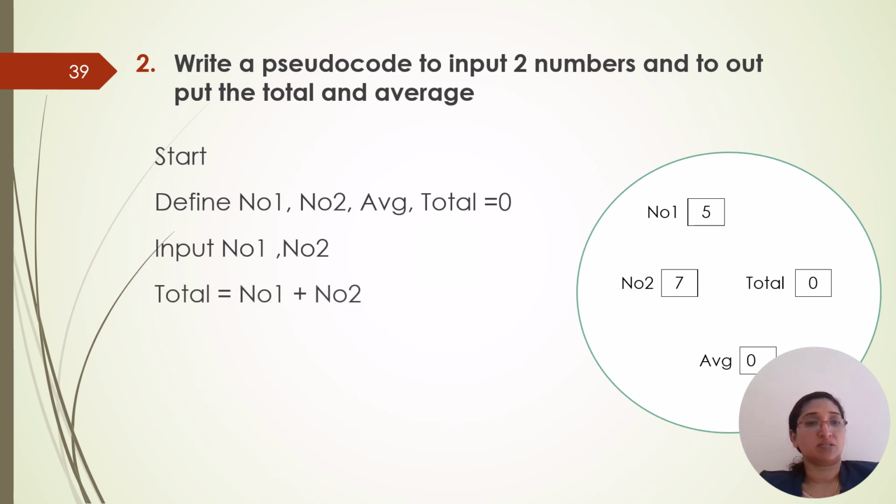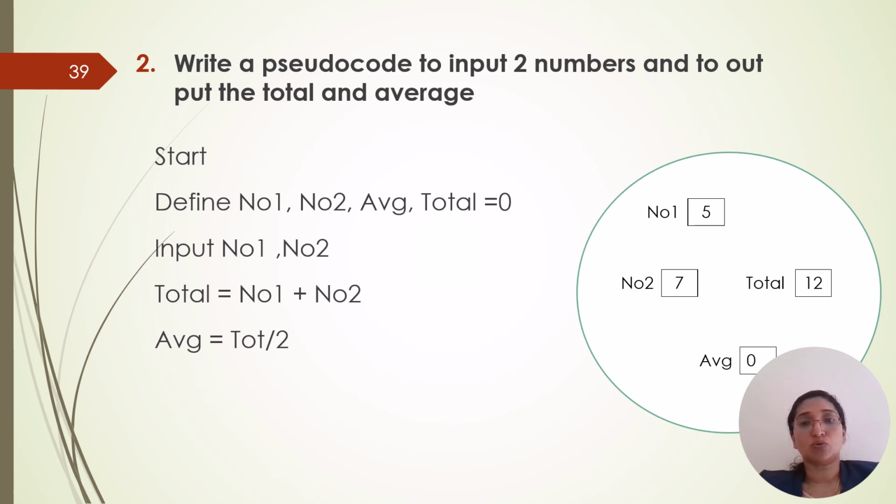And the next statement says total equals number 1 plus number 2. 5 plus 7. The resulting value is stored in the variable total, which is 12. Average equals total divided by 2.